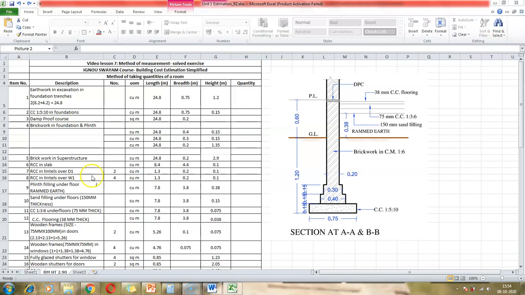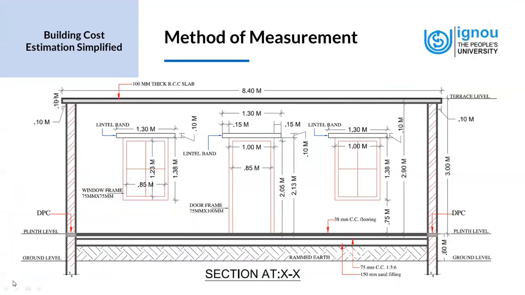Now we are going to look at brickwork in the superstructure. To find out about the brickwork in superstructure, we would need one dimension in particular, that is the height of the room. So to what height is the brickwork taken? We have the plinth level here, and the brick wall goes up to 2.9 meters, which is the bottom of the slab.